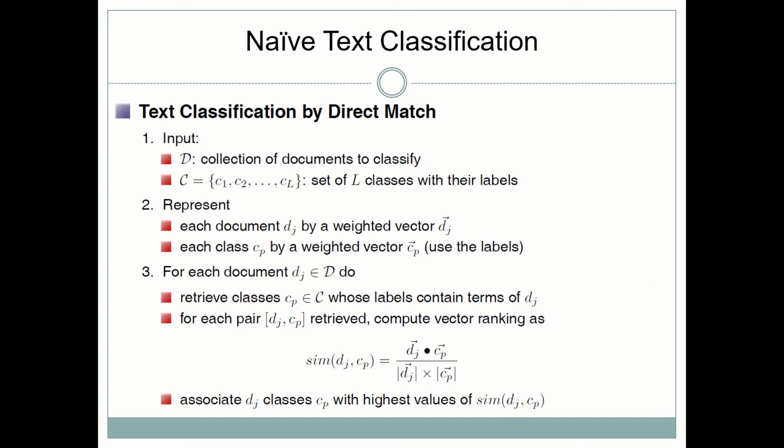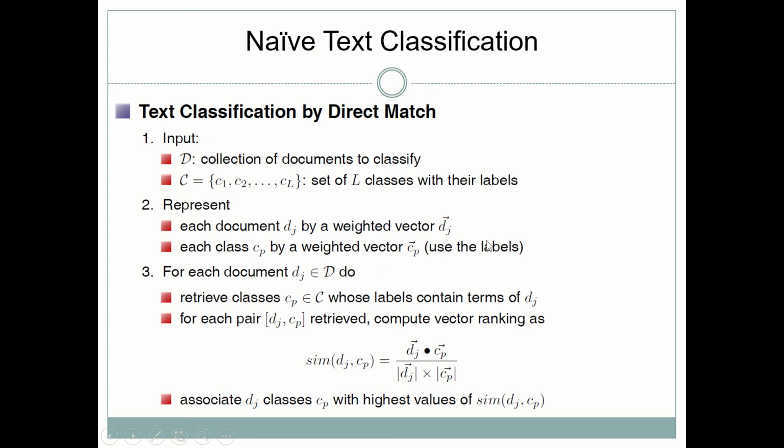For the direct matching for text classification, we will have a collection of documents for us to classify, and then we have a list of classes with their labels. Each document will be represented by a weighted vector dj, and each class will have its own weighted vector also.